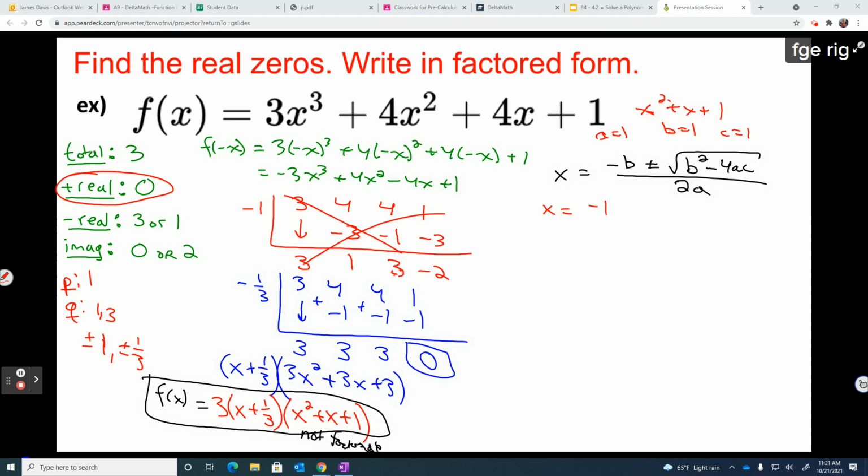Negative 1, because it's negative b, plus or minus the square root of 1 squared minus 4 times 1 times 1, all over 2 times 1. So we just plug in our a's, b's, and c's.